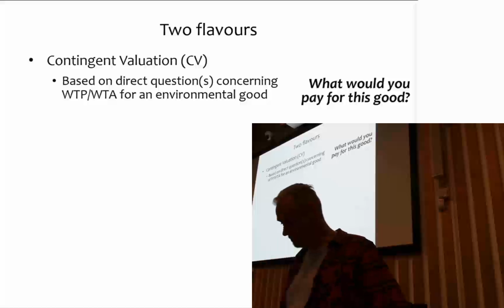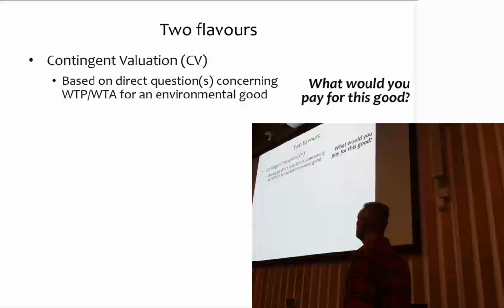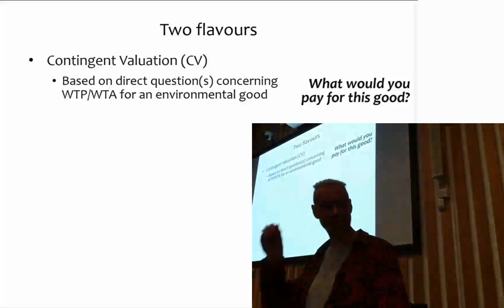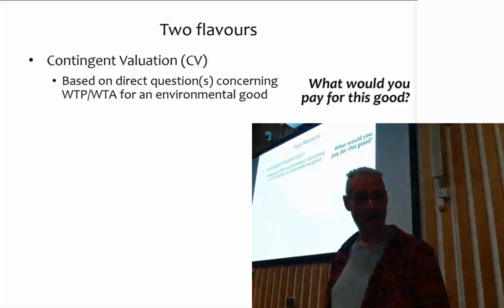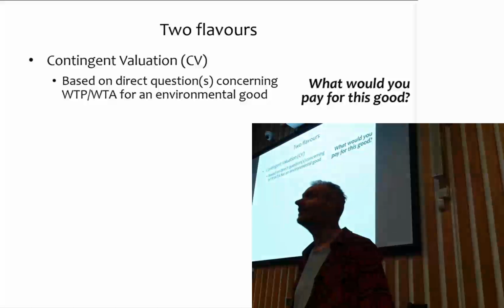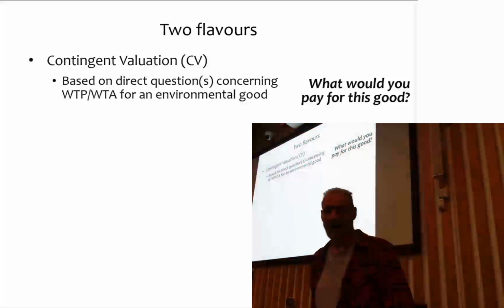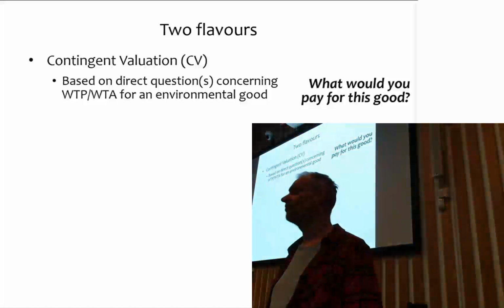There's two flavors of this. One, the older one, is the contingent valuation method, which actually comes in a great many variants. There you ask people the direct question, how much would you pay for this good or service?